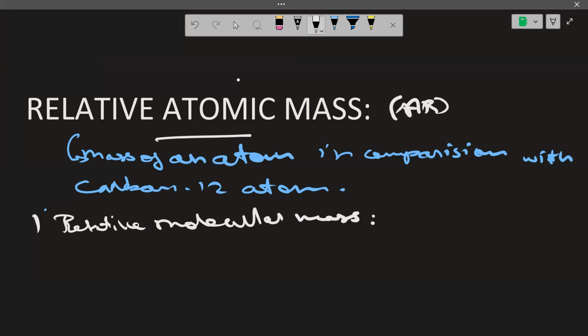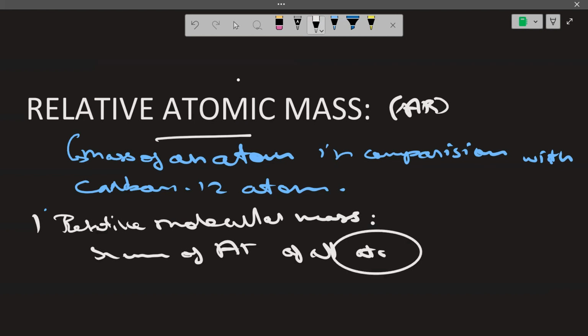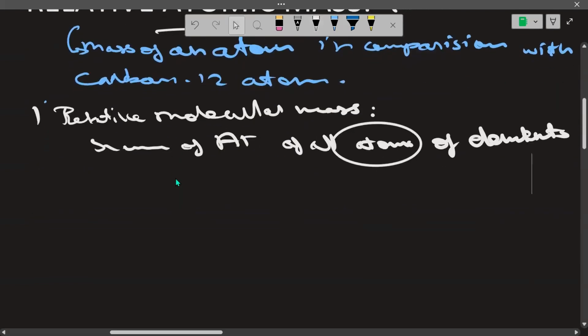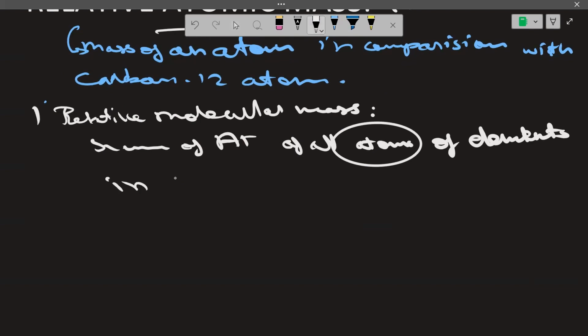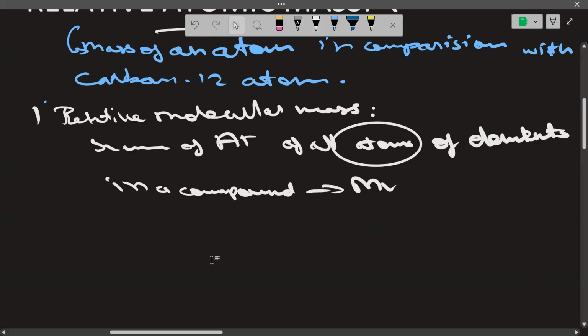So it is the sum of AR of all atoms of elements in a compound. So this is known as molecular mass.